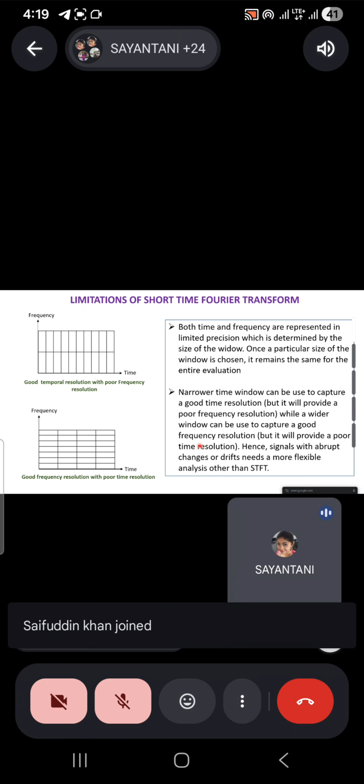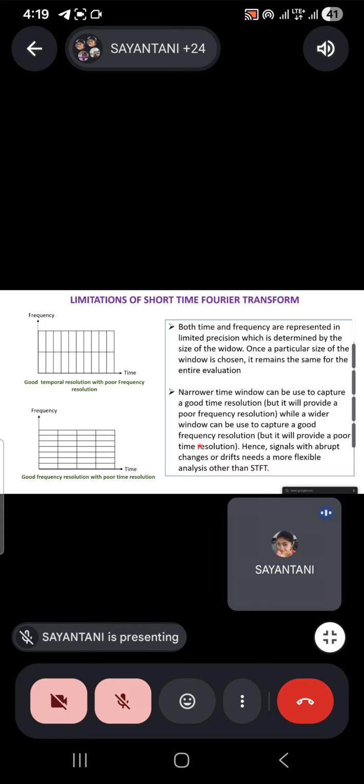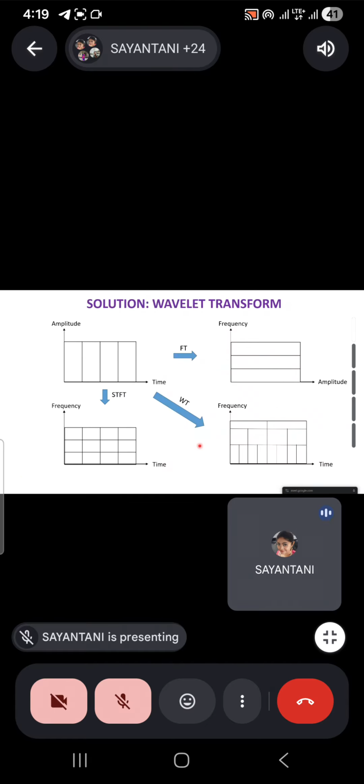Sometimes I'm getting good temporal resolution, sometimes I'm getting good frequency resolution. But what if I want both good time as well as frequency resolution under one platform? Then that becomes one of the most important drawbacks of short-time Fourier transform. And that is why we have a solution to this, that is wavelet transform.